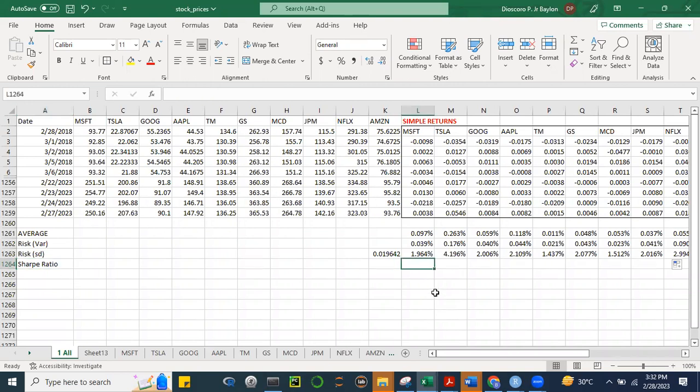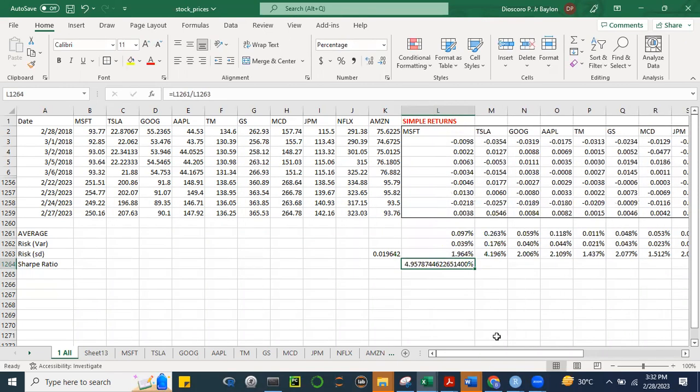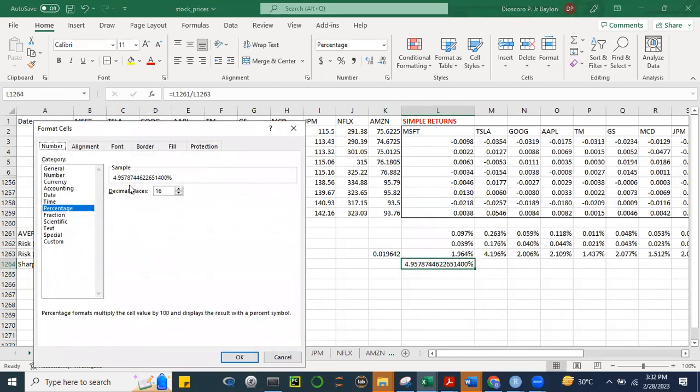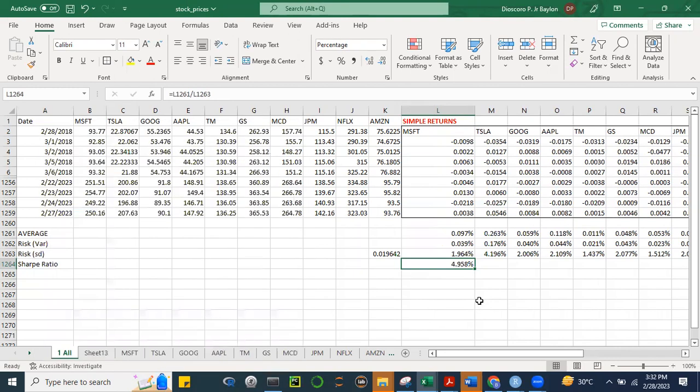So this is the expected return, the average return divided by the risk. Control enter. All right, so control 1, make it 3 decimal places.